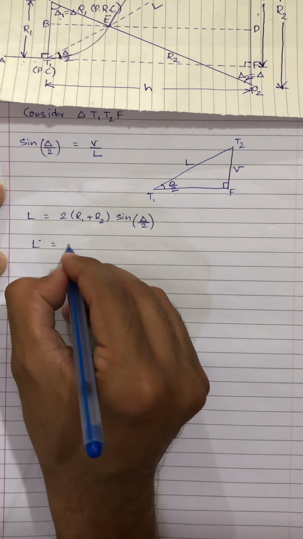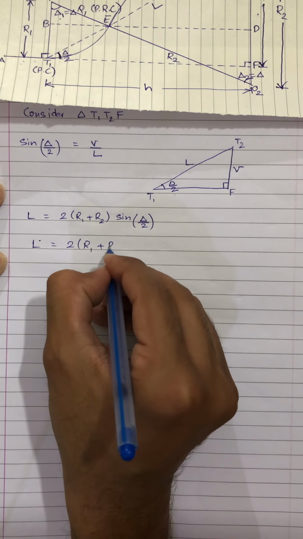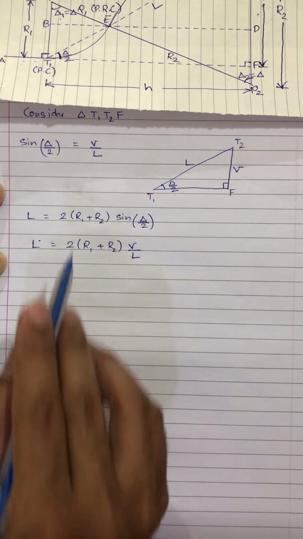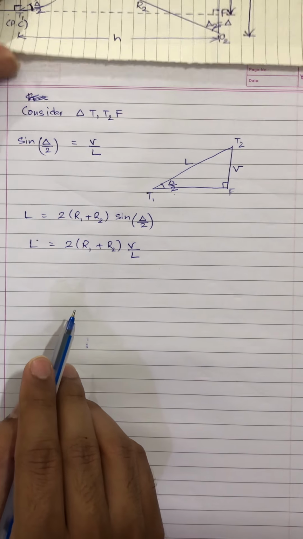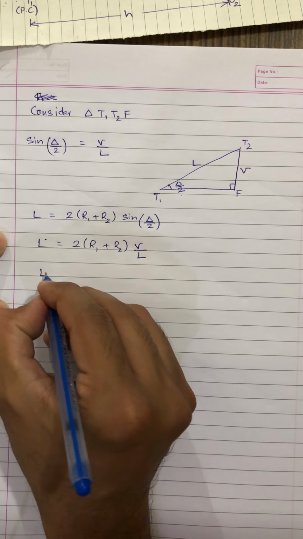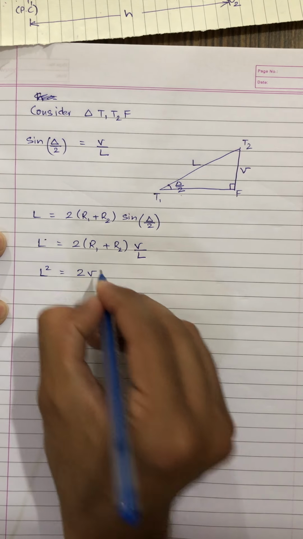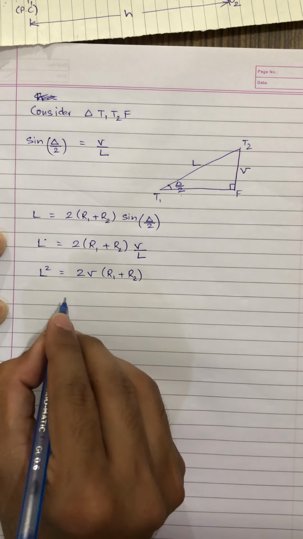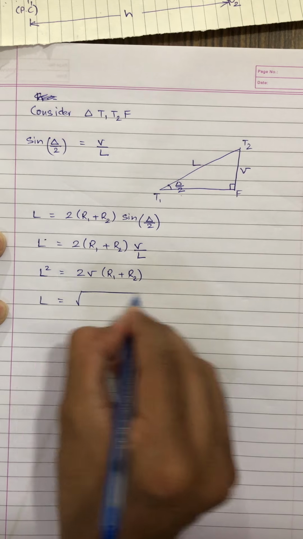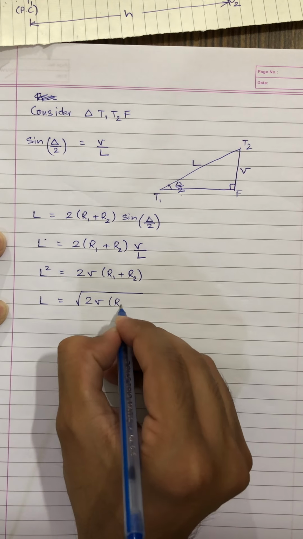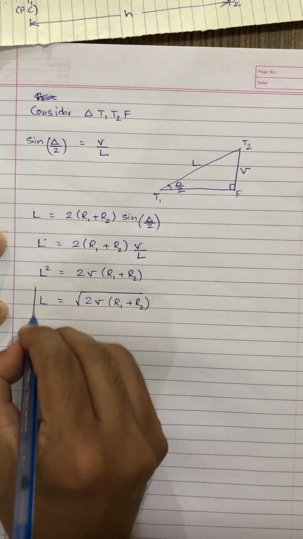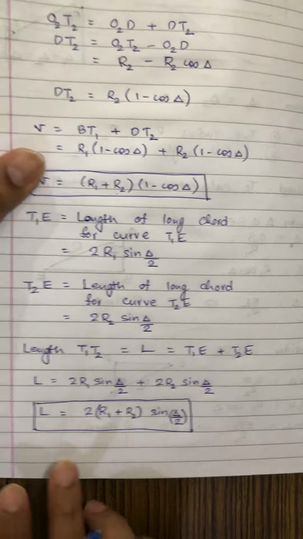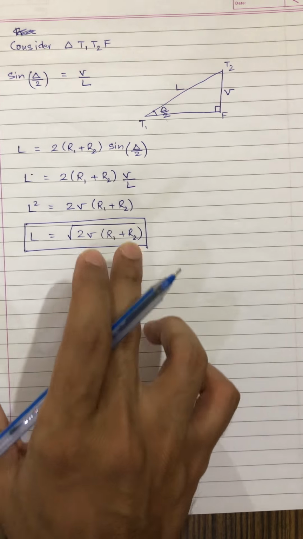So L is equal to 2 into R1 plus R2 into V by L. So this will become L square is equal to 2V into R1 plus R2, or L is equal to under root of 2V into R1 plus R2. Okay, so we have two equations for L. One is this and the other is this.